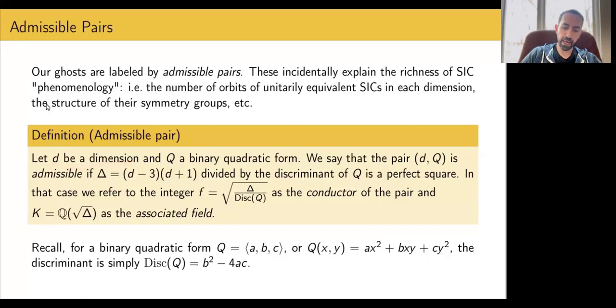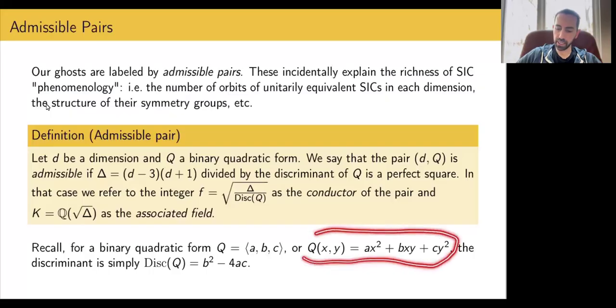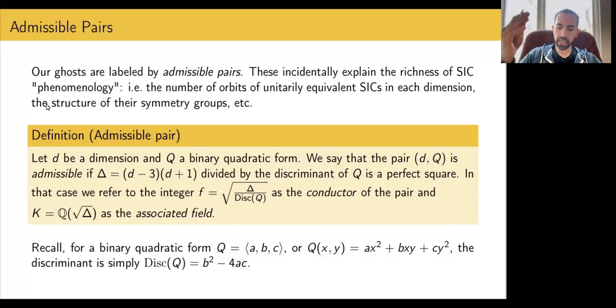Consider a dimension D and let Q be a binary quadratic form. Okay, so a quadratic form, I just think of a quadratic form in two variables, which I can either write out explicitly as ax squared plus bxy plus cy squared, or I can use this shorthand notation, ABC. So take a binary quadratic form. We say that the pair DQ is admissible if this magic number delta divided by the discriminant of Q, so the discriminant is just b squared minus 4ac, if that ratio is a perfect square, okay?